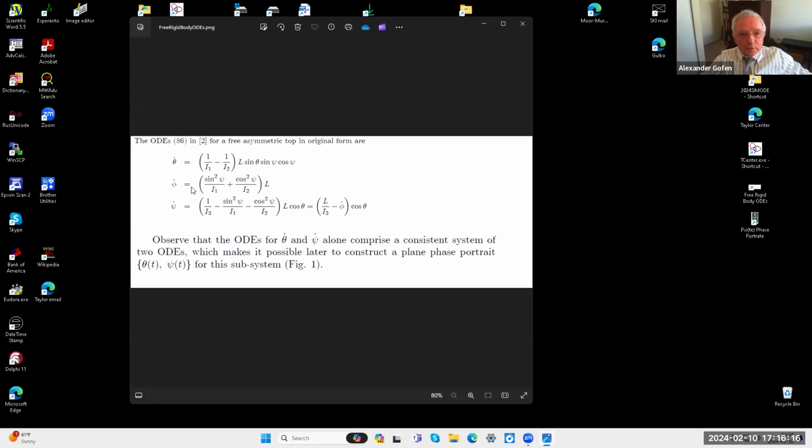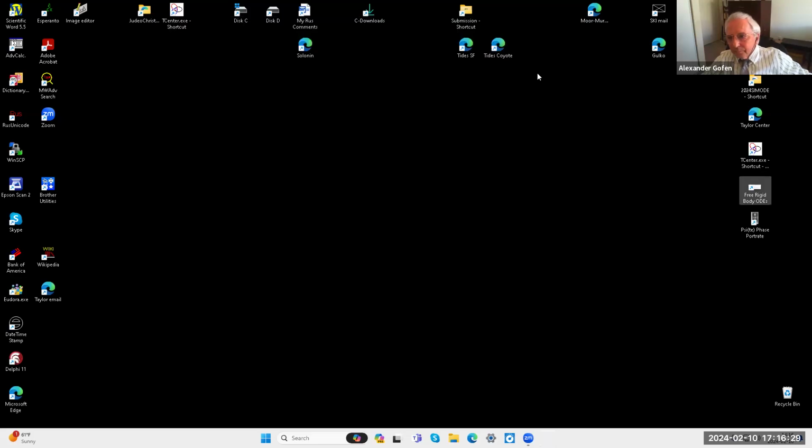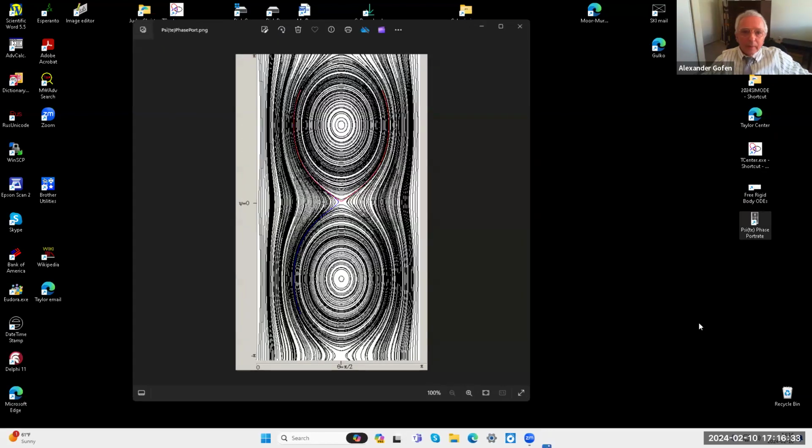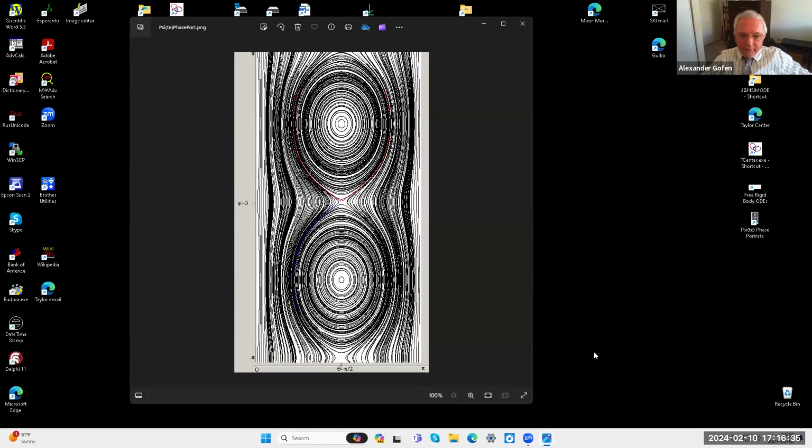The phase portrait in this case has a decisive role. Now let's take a look at this phase portrait. Here is the phase portrait for variables eta and psi.